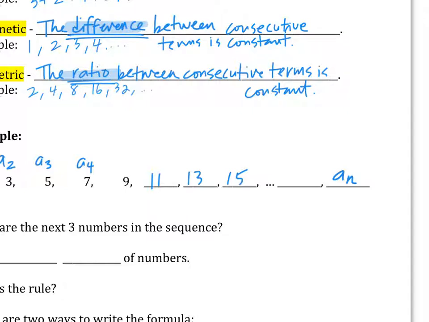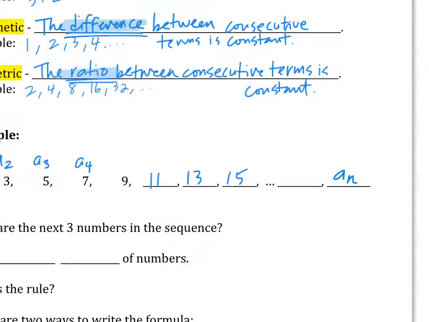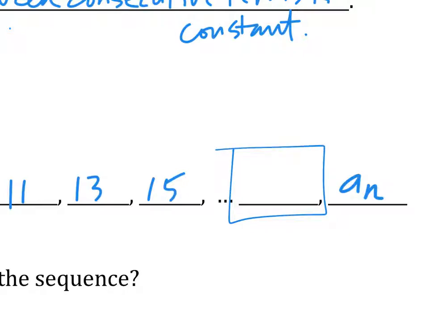We ended the sequence. What do you guys think we're going to call the term before the last one, the second to the last? What will we call this one? Yes, AN minus 1, the one before the last one.